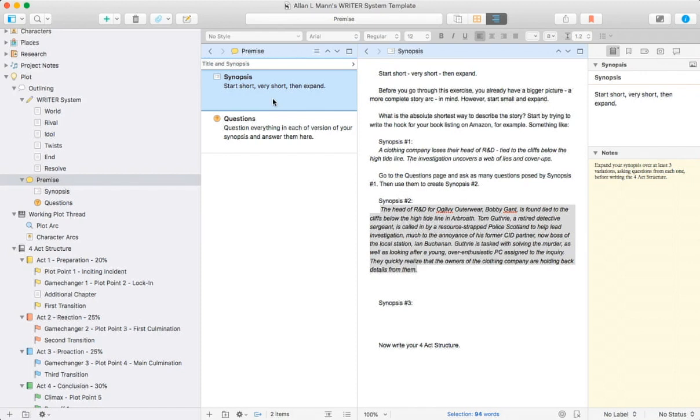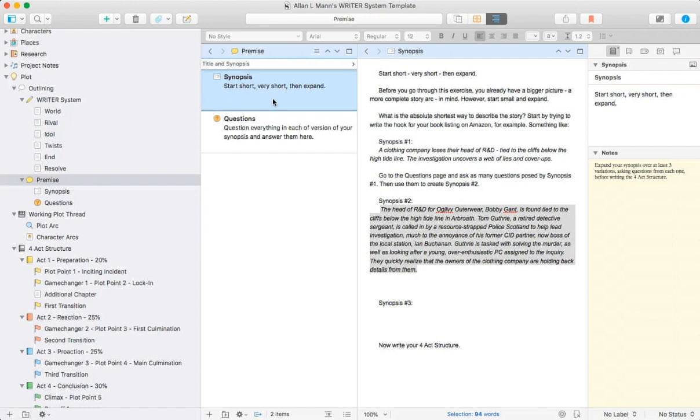Start by trying to write the hook for your book and its listing on Amazon, for example. So something like, in this section, you would write your synopsis. Synopsis number 1, because we're going to do this a couple of times. Synopsis number 1. A clothing company loses their head of R&D, tied to the cliffs below the high tide line. The investigation uncovers a web of lies and cover-ups.